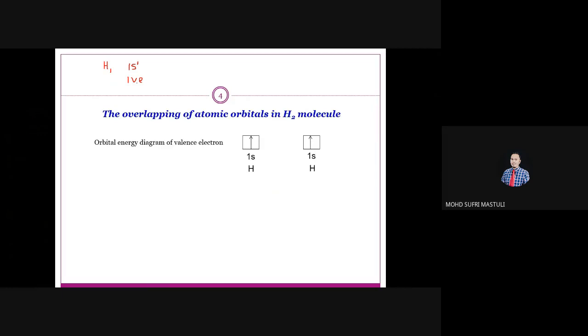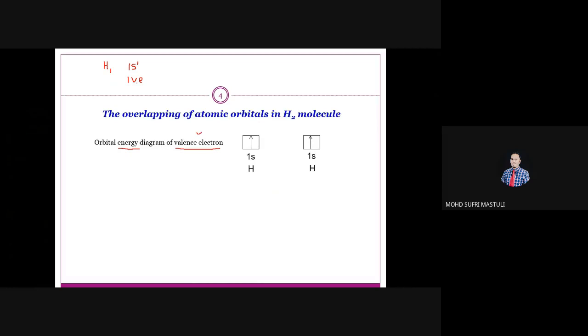This is why we draw the energy diagram for this valence electron, because only valence electrons are involved in the formation of bonding. So we have to focus on the valence electron.